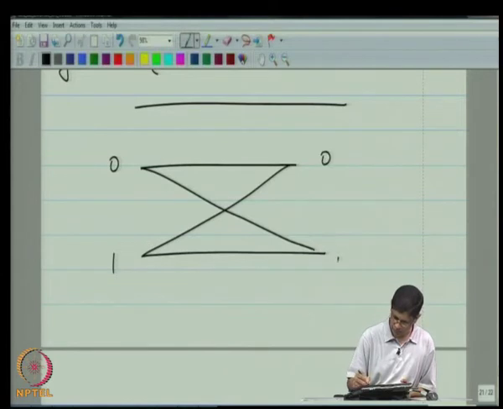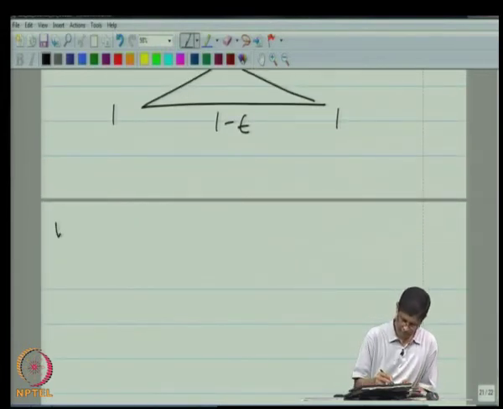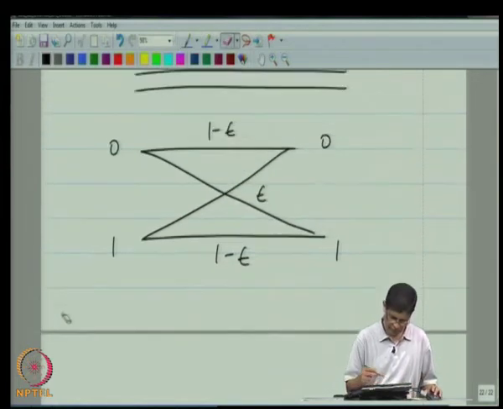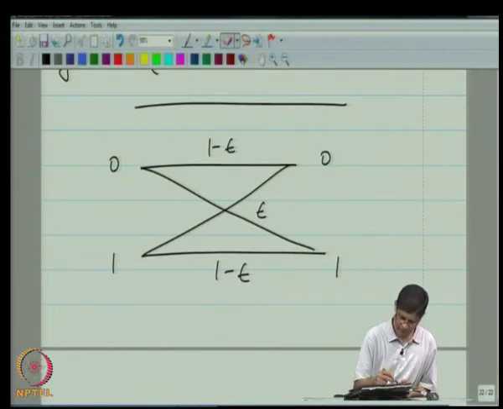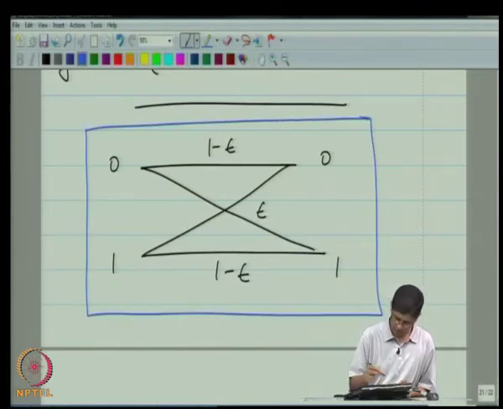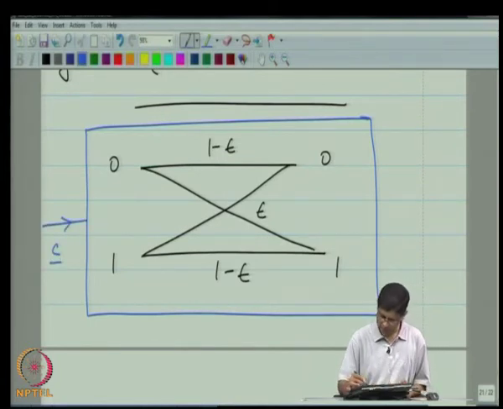The input is 0 1, the output is 0 1, and the crossover probability is epsilon. Across this channel we are going to send a code word, and what is going to come out is a received vector y.